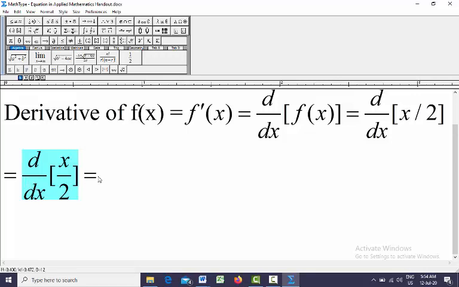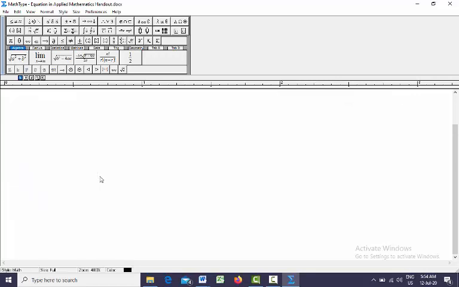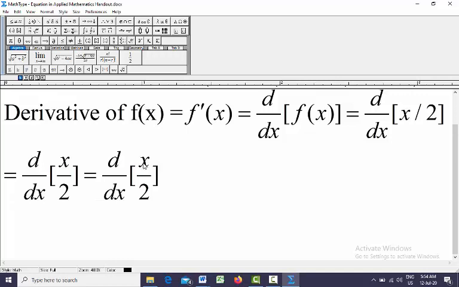So then again, as I said before, you need to separate. When you get something like this, you need to separate x from the number. So here I have separated x from the number. Since we do not have anything here, we will put a 1 there. This way we can separate x from the number.